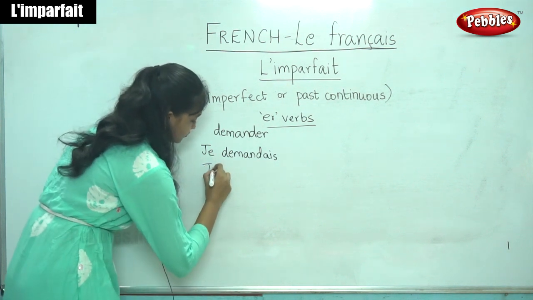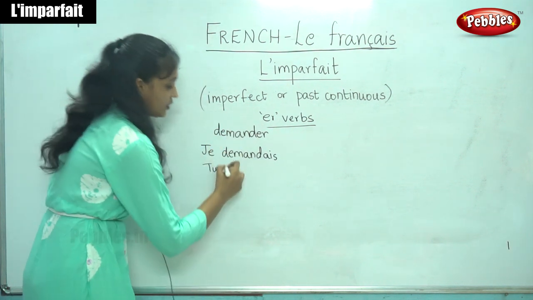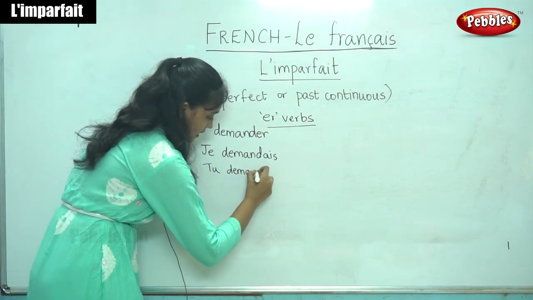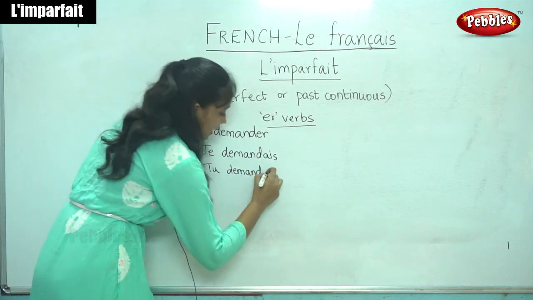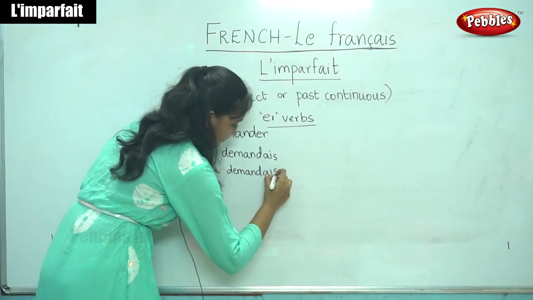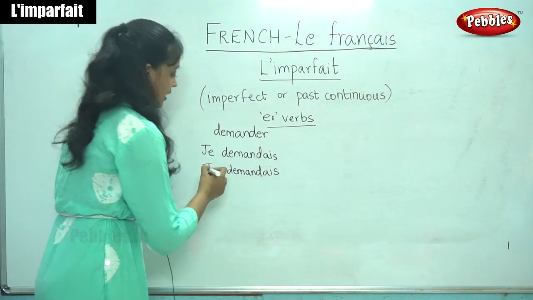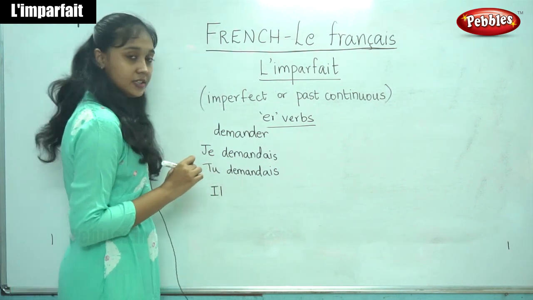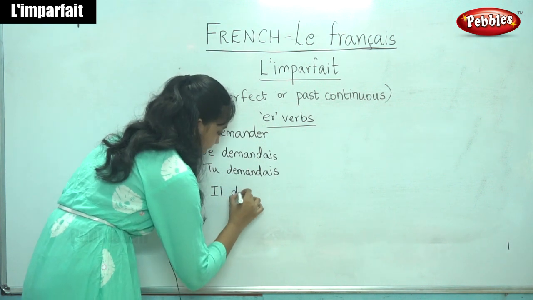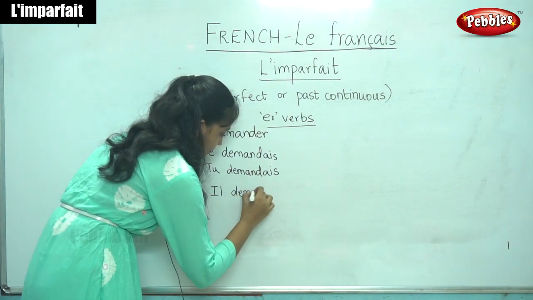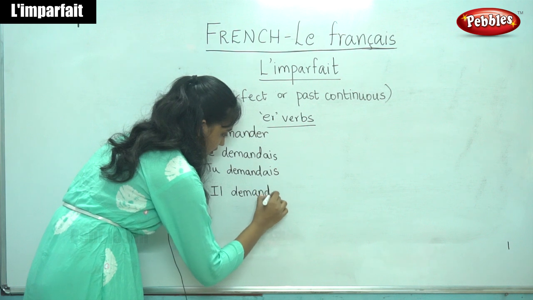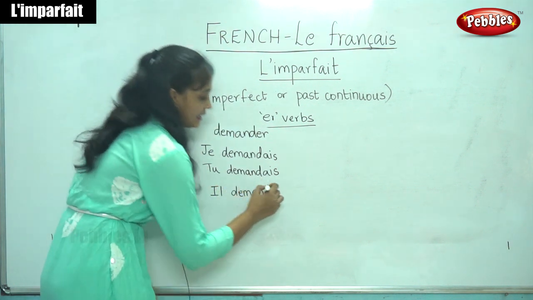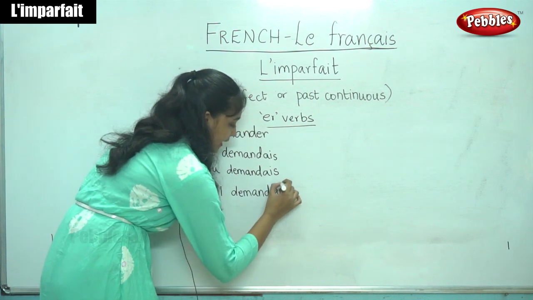For tu, we would write the stem and the ending is AIS. Is that clear? Next, for il, how do we write? We write the stem followed by the ending. For il, the ending is AIT.